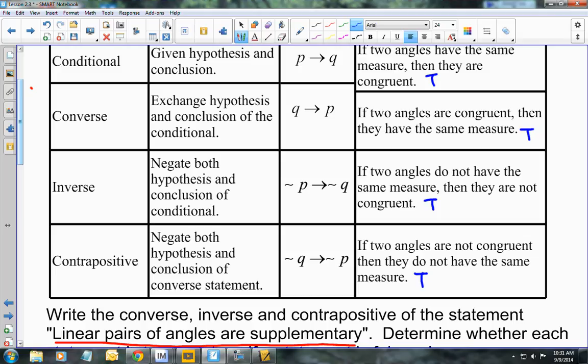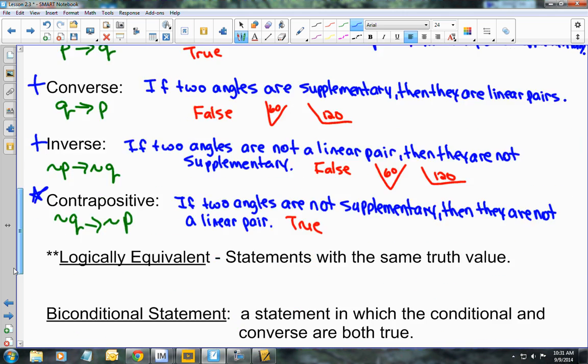Then they are not congruent. Okay? Now, these are all four true. If all four of them are true, then this is called a biconditional statement.